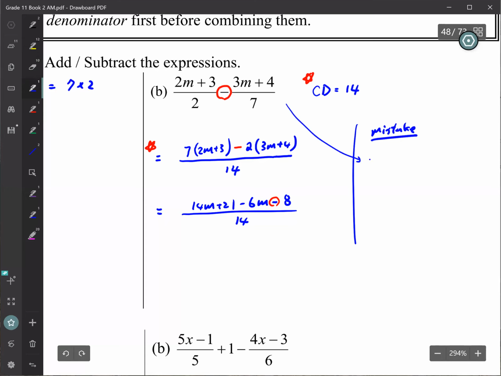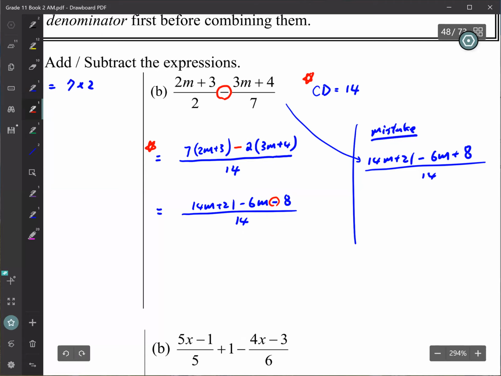You might get something like this. You know it needs to times 7, so you did the multiplying in your head, you get 14m plus 21. And then you know the second one needs to times by 2, so you write down minus 6m plus 8.